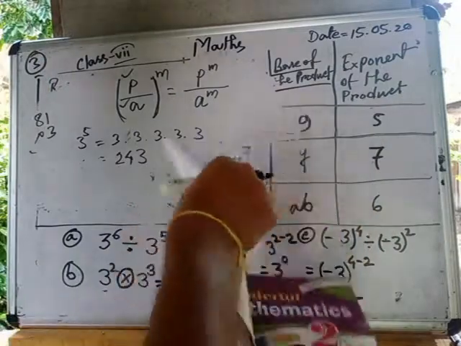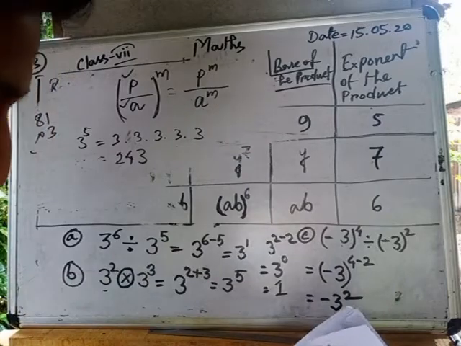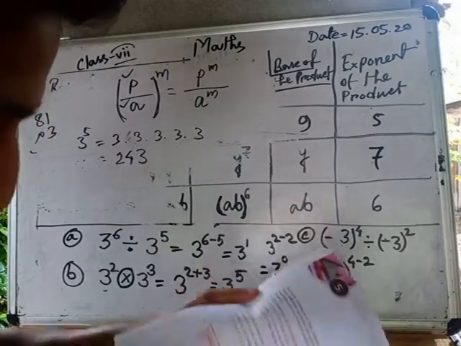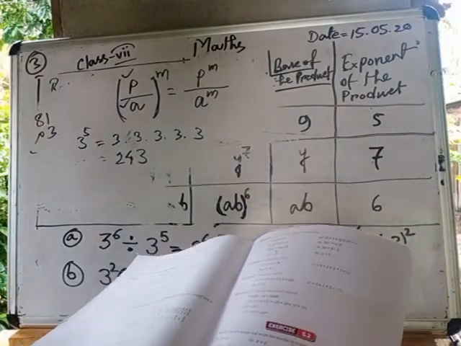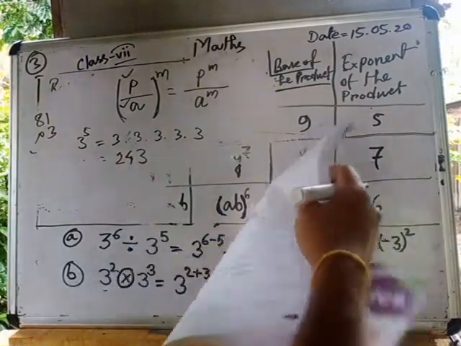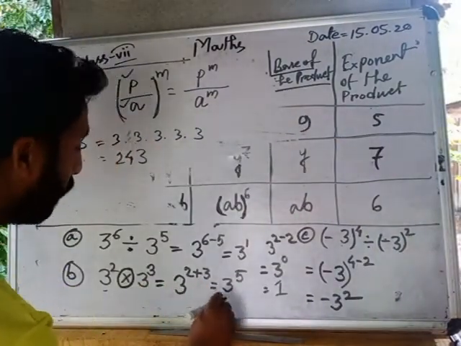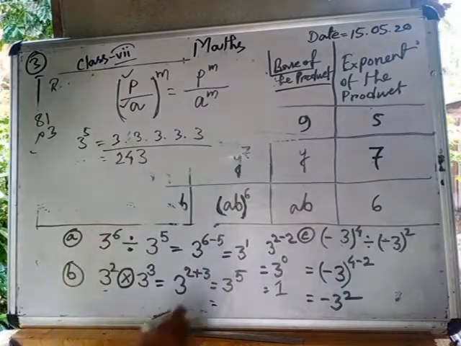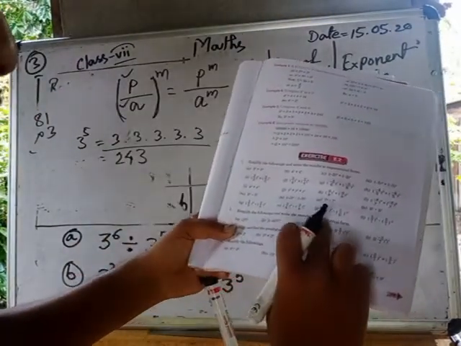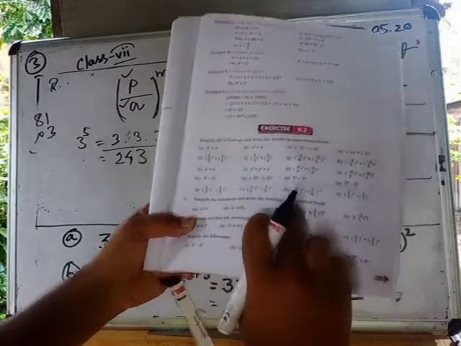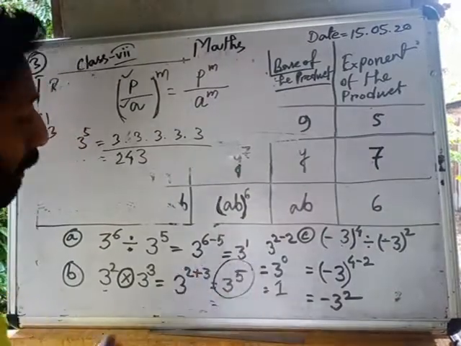But also simplify. When you simplify, you should multiply the numbers and write the number. Suppose it is 3 to the power 5. If they ask you to write the result in exponential form, that means you should write it with the power.